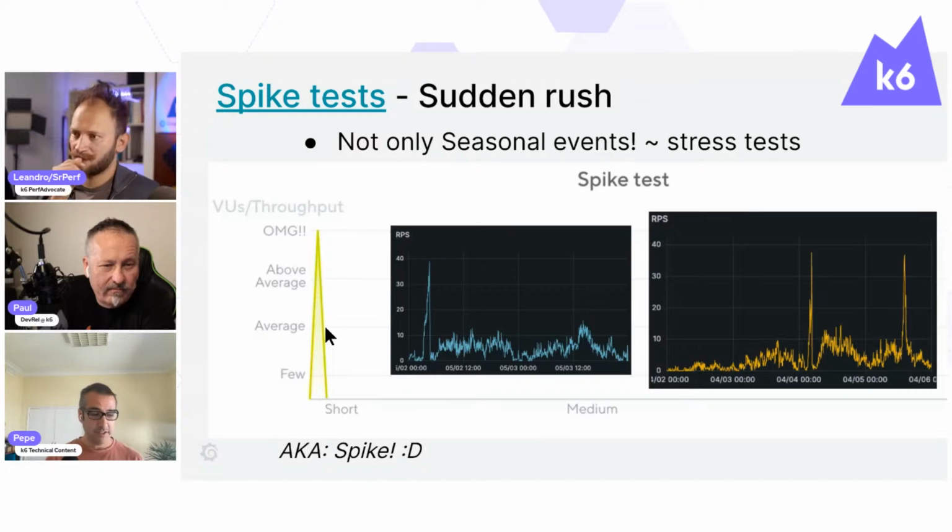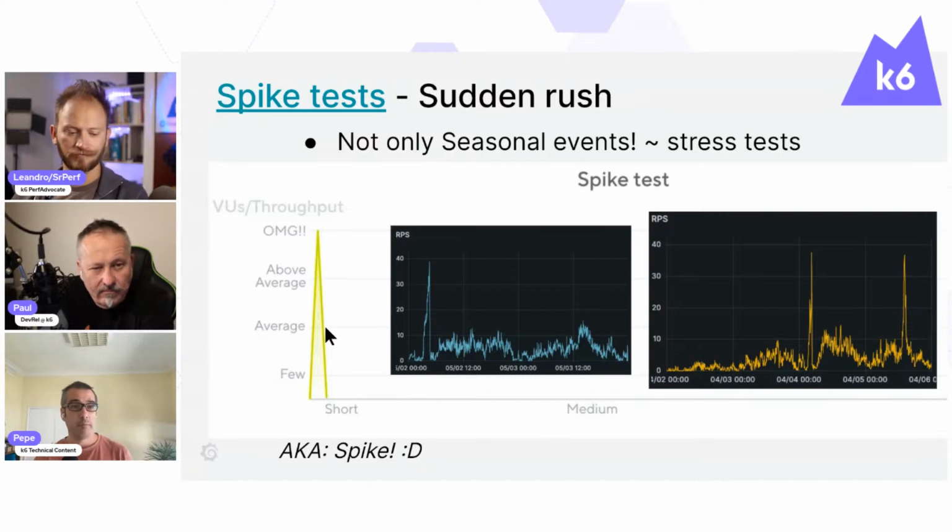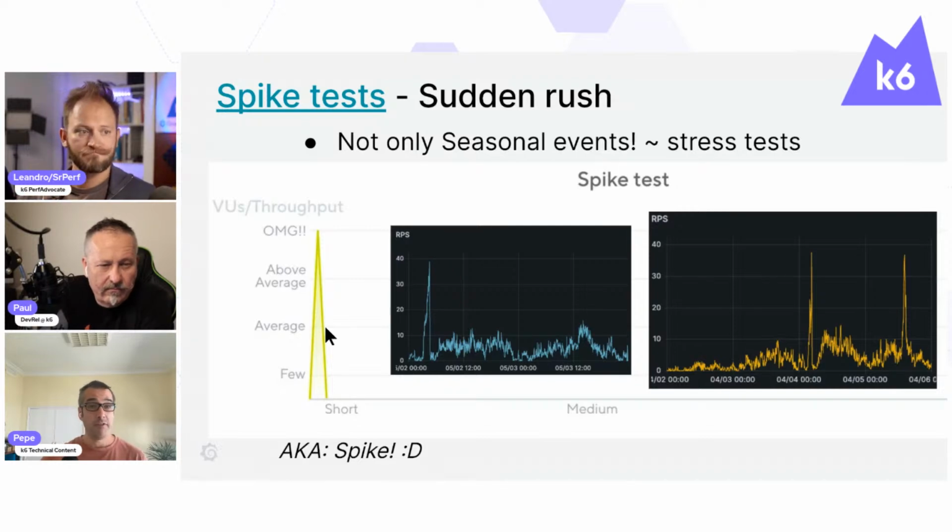And what we see very often is that our system has a spike of throughput maybe more often than we are expecting, maybe because of retry policies, errors of other subsystems. So it's more common than people usually expect, because normally people expect, okay, that is going to be for our biggest campaign of the year, but it's not only like that.